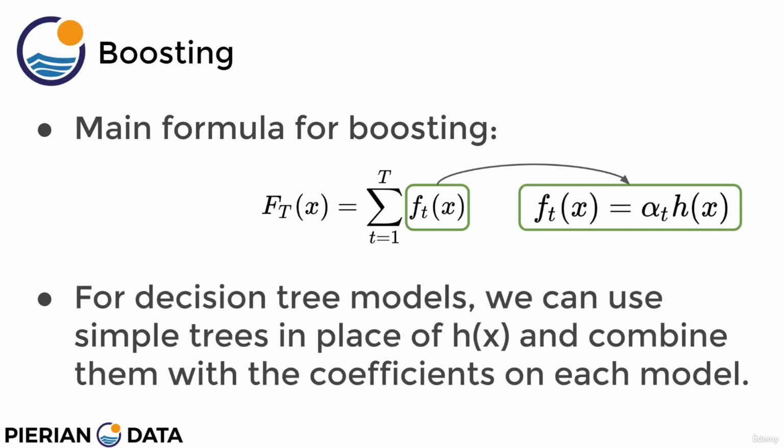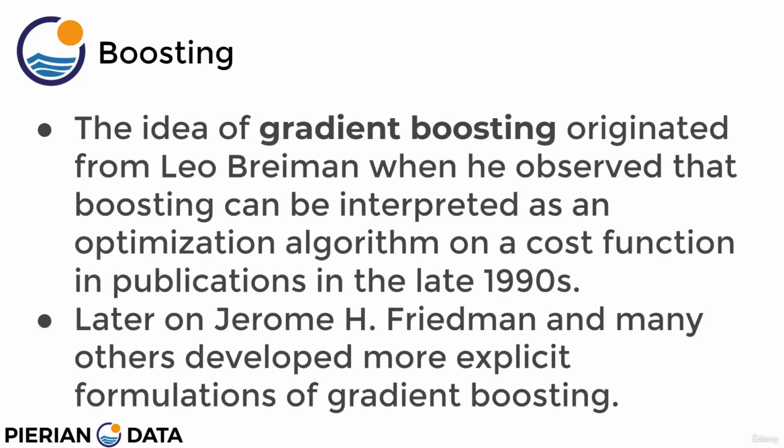For decision tree models, we can use simple decision trees in place of h of x and combine them with the coefficients on each model. Later on, we'll discuss the simplest decision tree possible, and we'll discover it's actually just a stump where you have one root node and two leaves, and that's it. No further leaves going down. We'll talk about that in a lot more detail when we walk through the process of adaptive boosting in the next lecture.